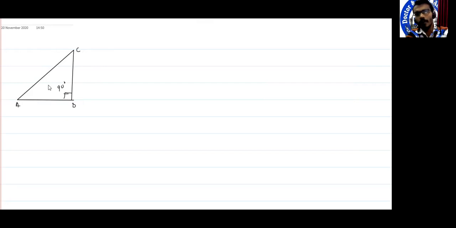So how many ratios of the sides are possible? Suppose I want to find AB by AC, and let us suppose this angle is theta, and BC by AC. This is another ratio.